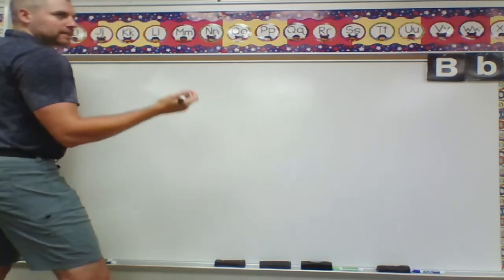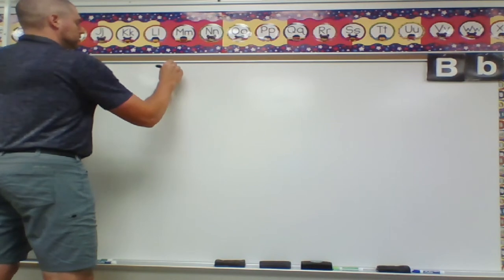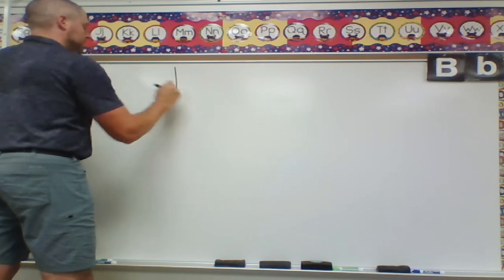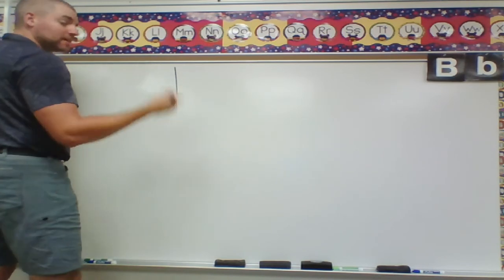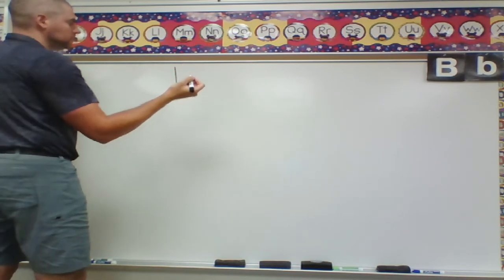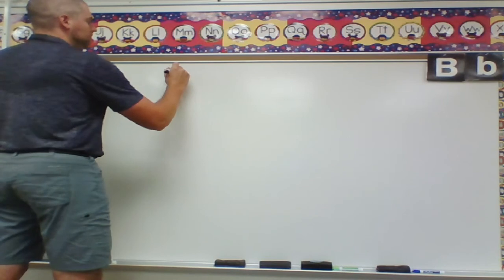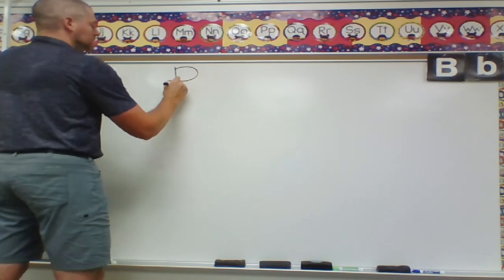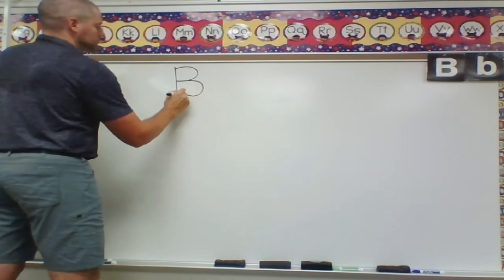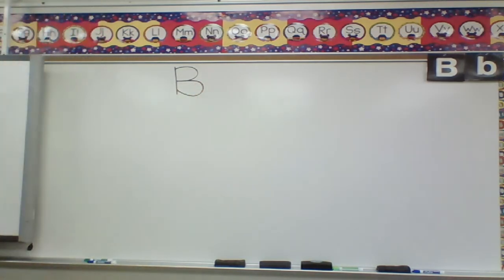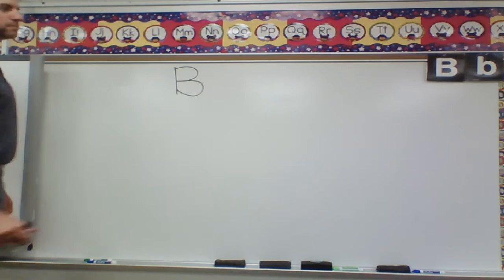When I start with my capital B, I'm going to start with a straight line down. That'll touch the top and the bottom lines on your paper. And then I pick my pencil or marker up and I go back to the top and I make a loop to the middle. I do not pick up again, but I make a loop down to the bottom to make a B. So straight line, pick up, go to the top, loop to the middle, loop to the bottom.